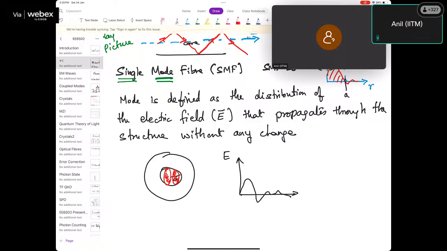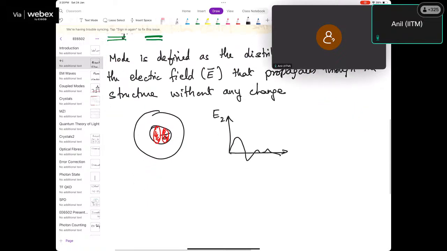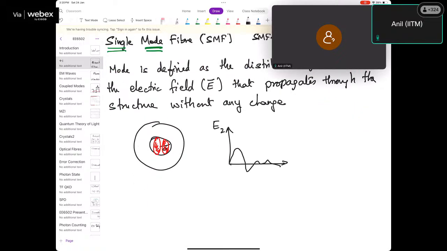Now this quantity is the next higher order mode. I'll call it E2 and I'll just call this E1. That's not the right nomenclature, but for purposes of our conversation, that is fine. This is R, and again you have A sitting somewhere here, right? But the maxima is further inside.